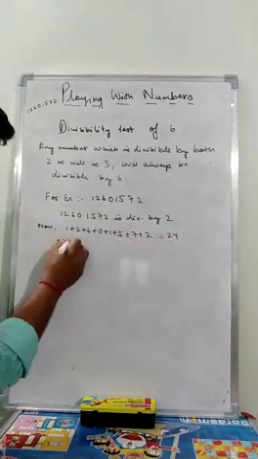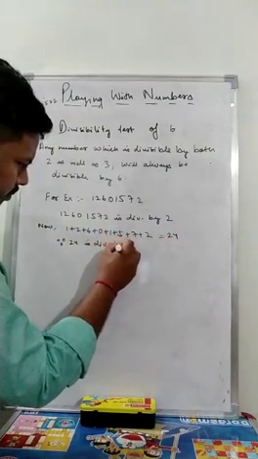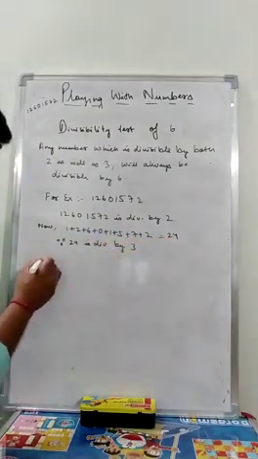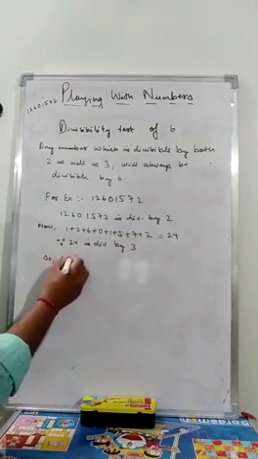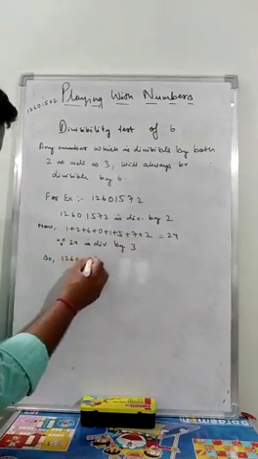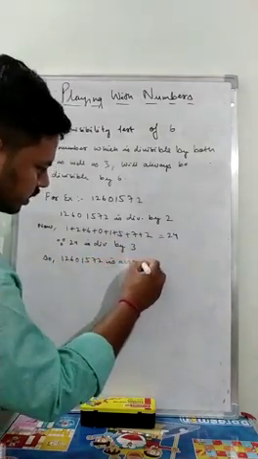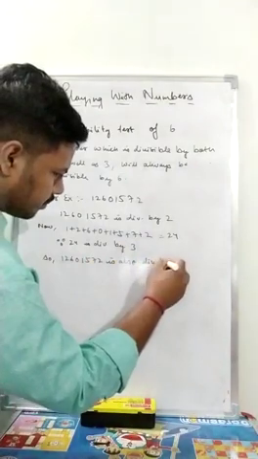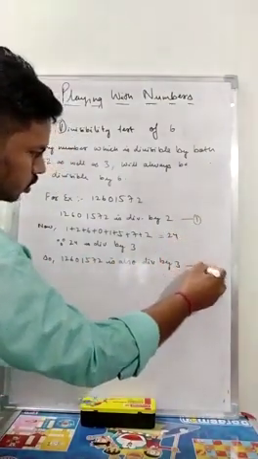Since 24 is divisible by 3, so 1260152 is also divisible by 3. So see, this is 1, this is 2.